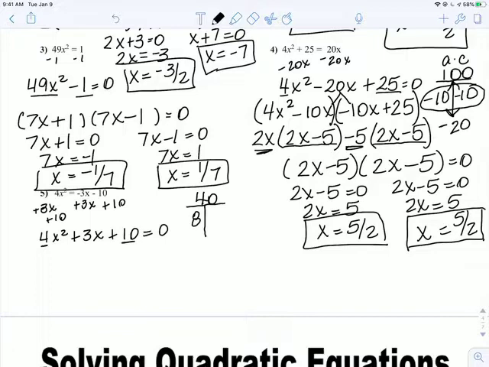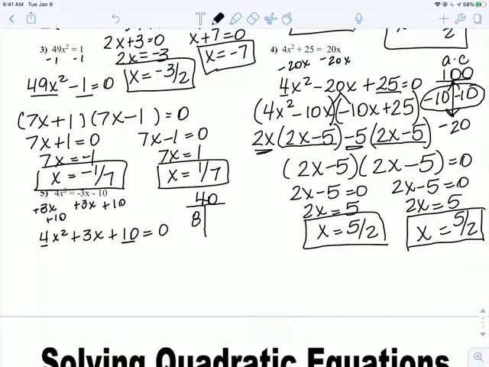Sometimes doing the table in your calculator or writing down all the numbers that multiply together helps a little bit. I don't see how I can get a positive 40 but also get a positive 3.